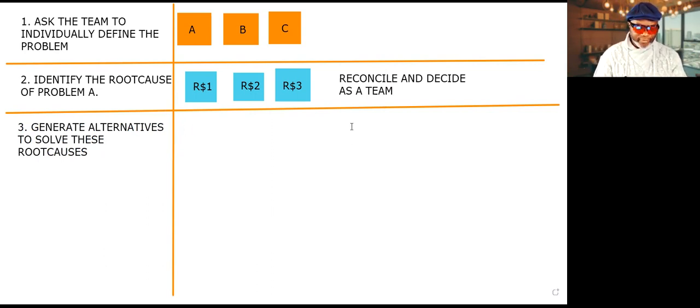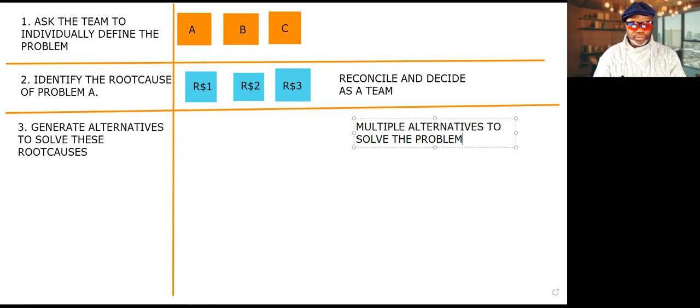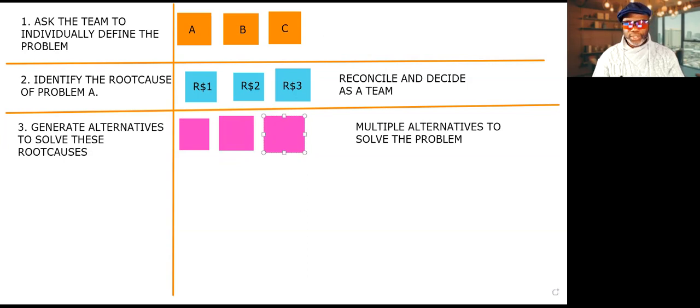So you could have multiple alternatives to solve the problem. So again, you're going to use the power of the team, harness that Miro board, and again, ask the team to generate alternatives that solve the problem. It could be that you have multiple alternatives, yes.